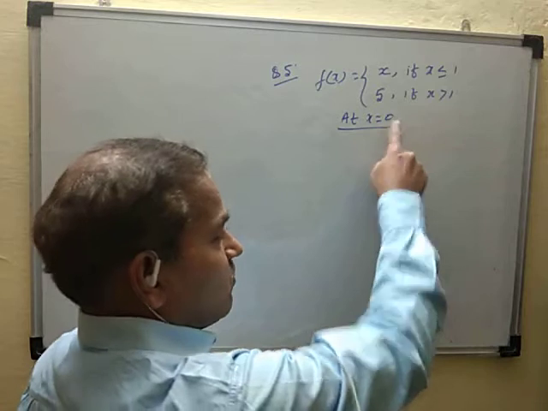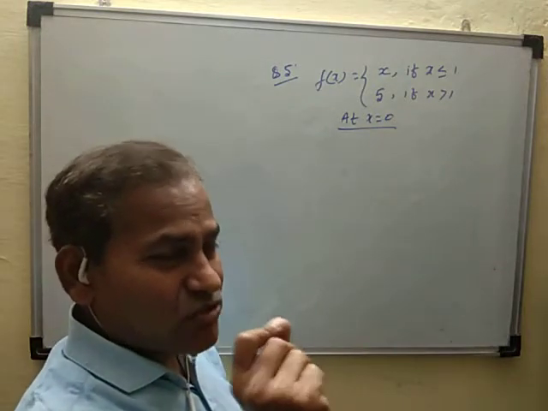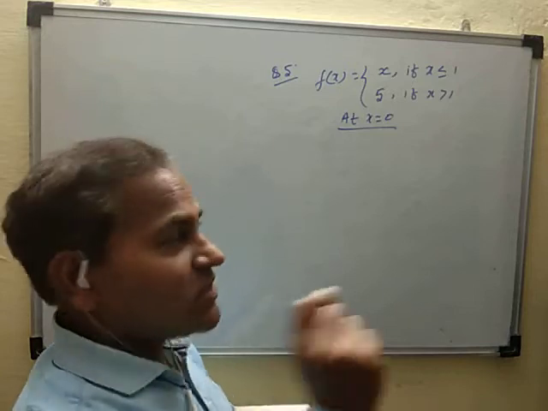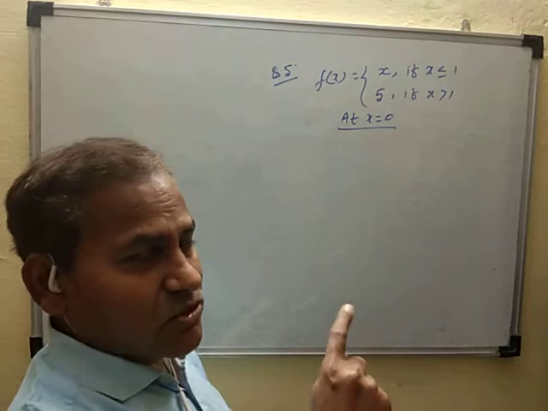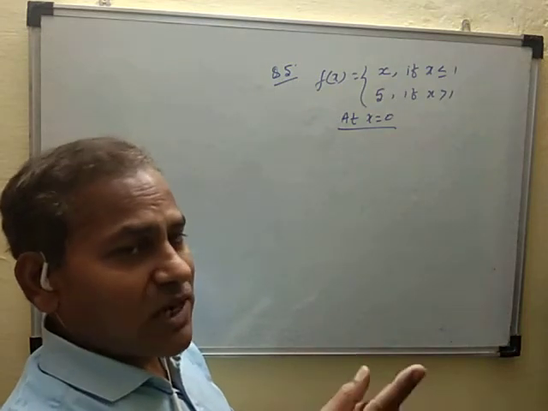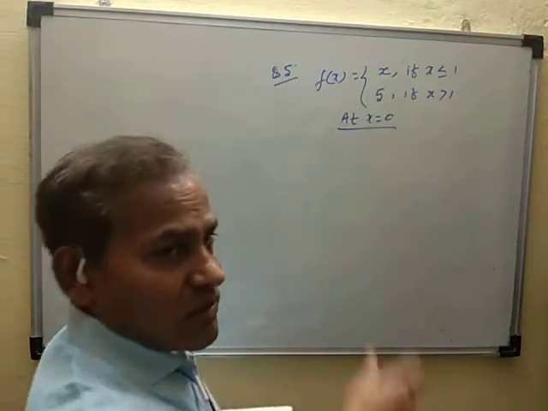So since 0 plus, that is slightly increasing to 0, so 0 plus also less equal to 1. So 0 plus or 0 minus, in both cases function value is only x.